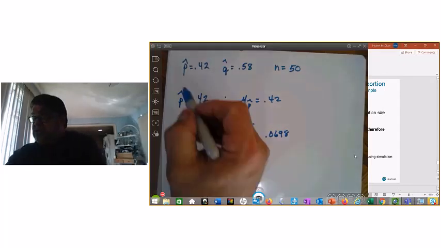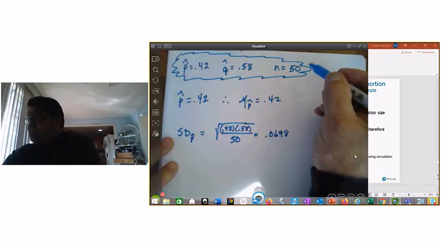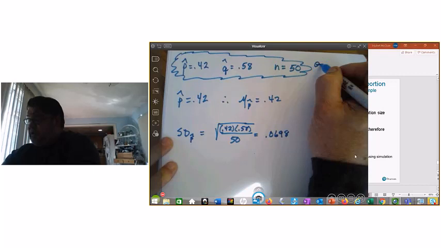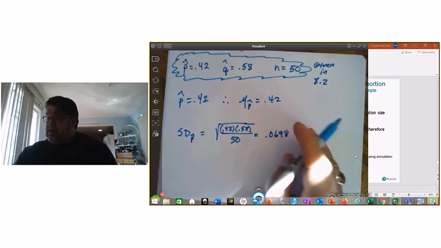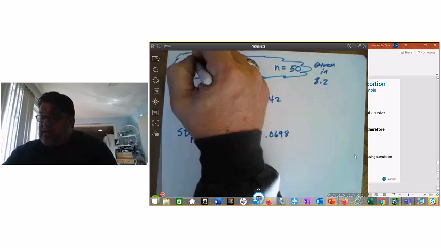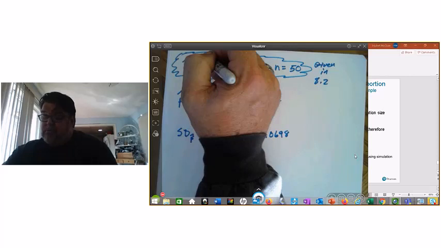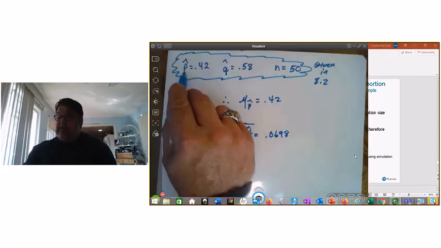All this is given. Now, the only difference in 8.2 is they might say 400 people were sick out of 500. What is p hat? So they may write this differently.